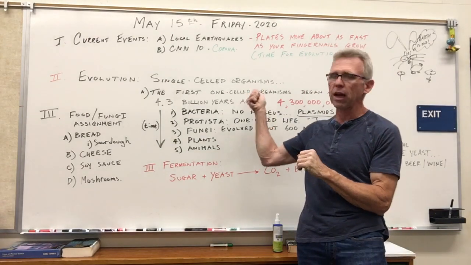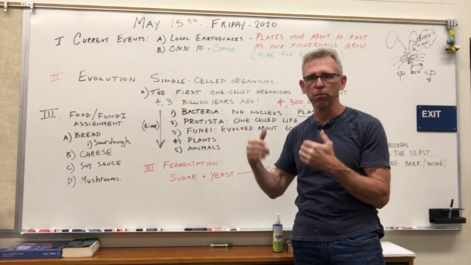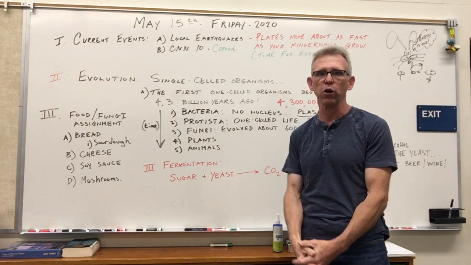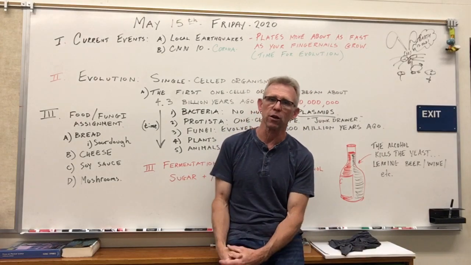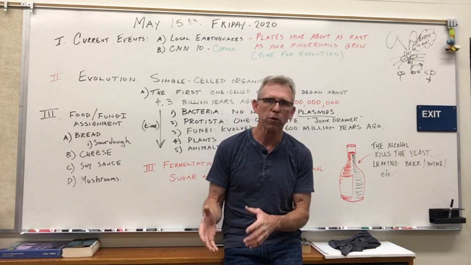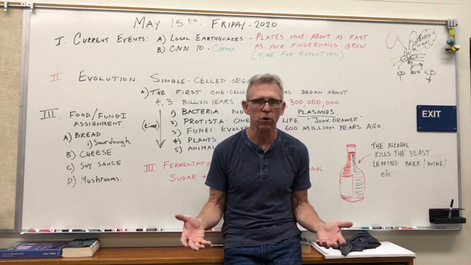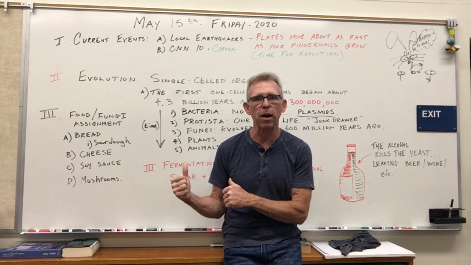And jumping back into evolution, if you look right here at the 4.3 billion year history of life on Earth, fitting in with earthquakes, one of the things that we study in here is geology. We study a little bit about how the plates move. Part of the reason is to find out about the rock cycle and how our planet works. The other is how it fits into biology.